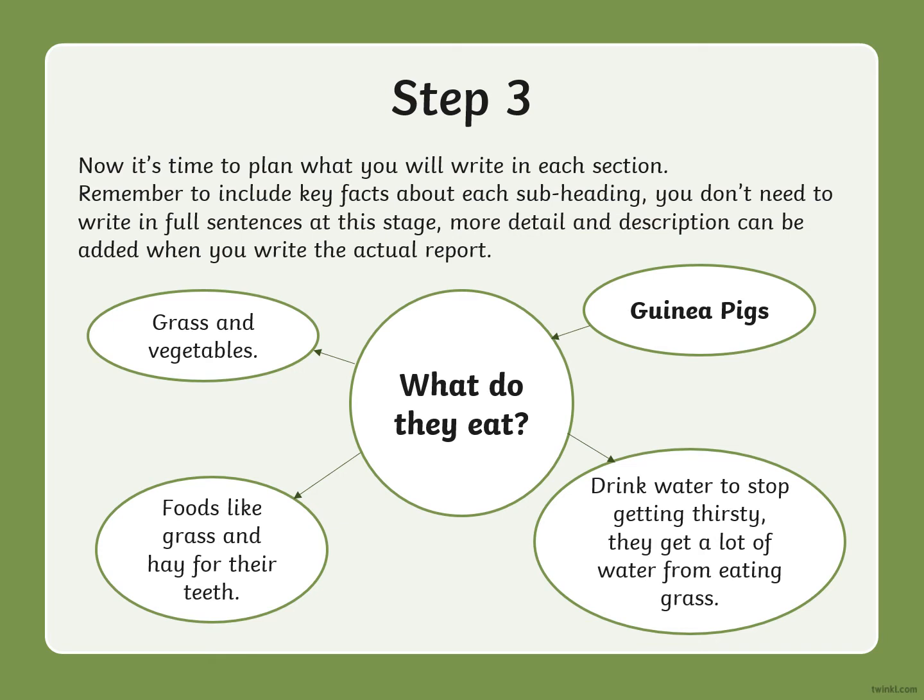You can then add more detail and description later on. For the what do they eat section, we have added grass and vegetables, foods like grass and hay for their teeth, and they drink water to stop getting thirsty.